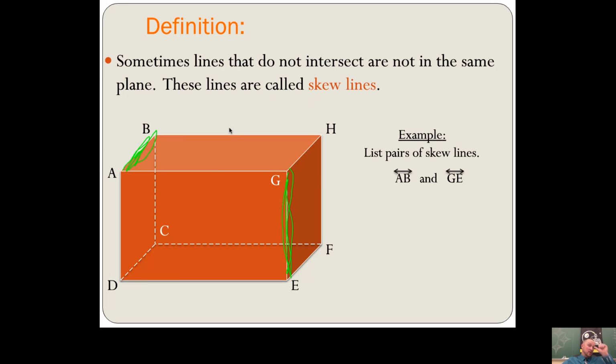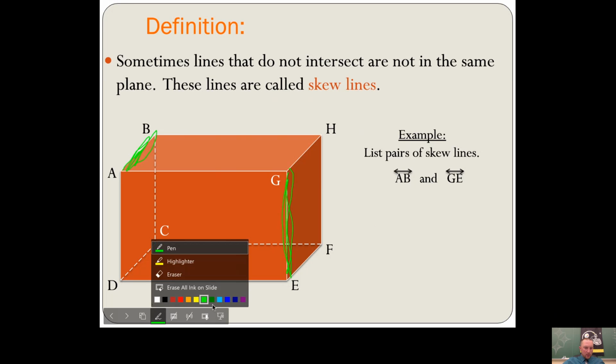Think about what that means. These definitely don't intersect. This one's going this direction forever. This one's going straight up and down. This line right here is to the right of this line. So even though these lines go forever, they're going in different directions. They are not in the same plane. So they don't touch, and they're not in the same plane. That's an example of skew lines.